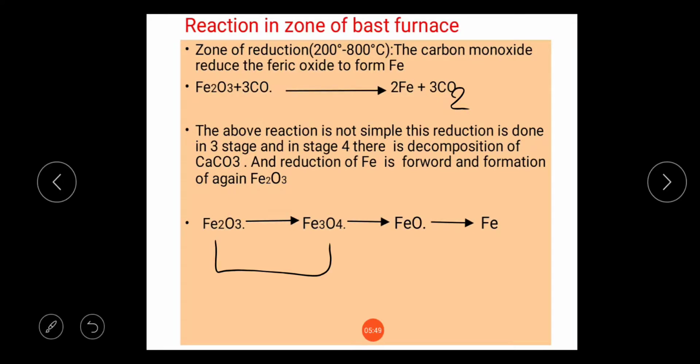Fe3O4 is reduced to form FeO, and later FeO is reacted with carbon monoxide and forms iron.